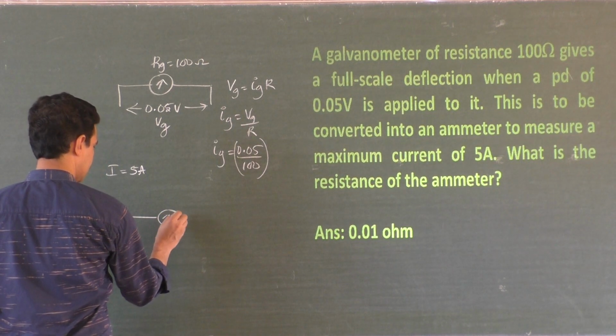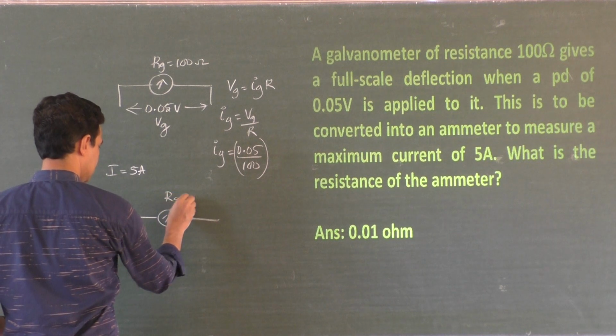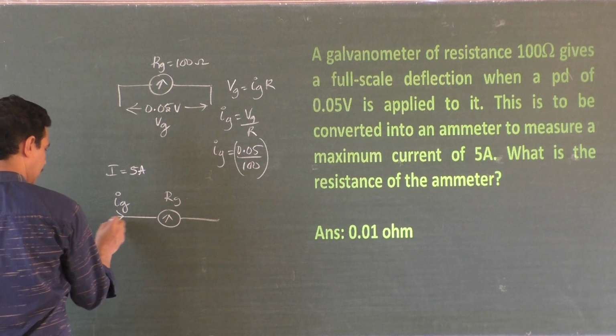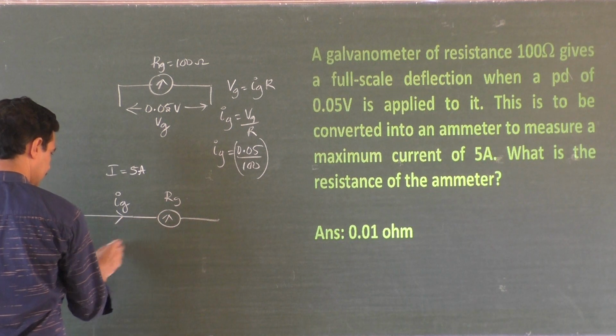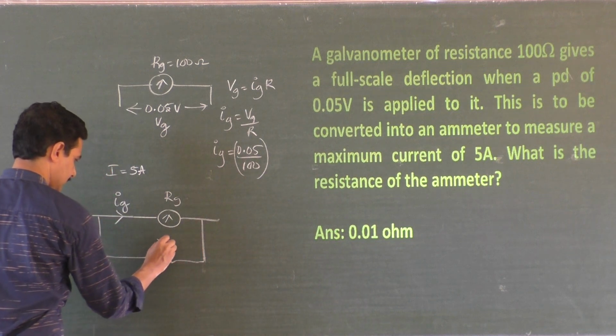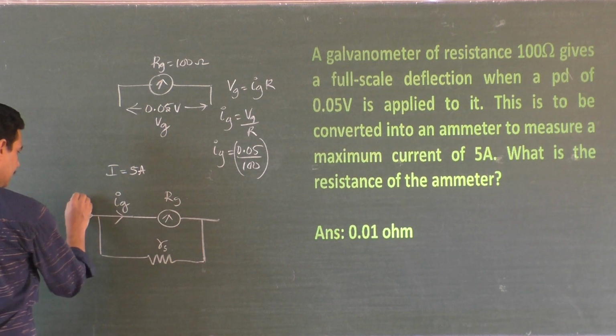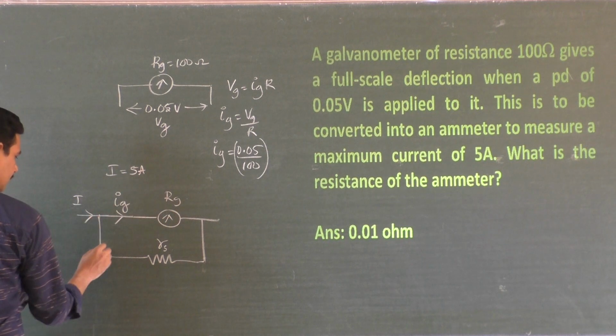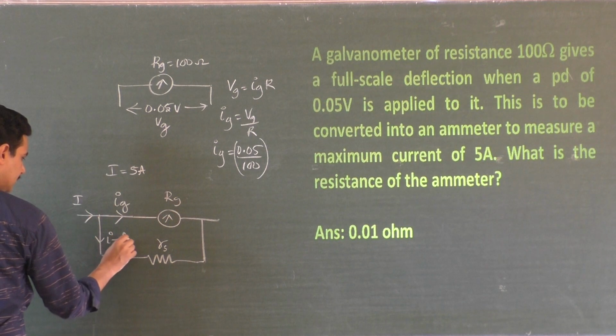You know that this is the galvanometer of resistance Rg, and the full current Ig passes here, not here, like this, because the shunt resistance Rs takes the rest of the current that you are going to measure, right? That is I minus Ig.